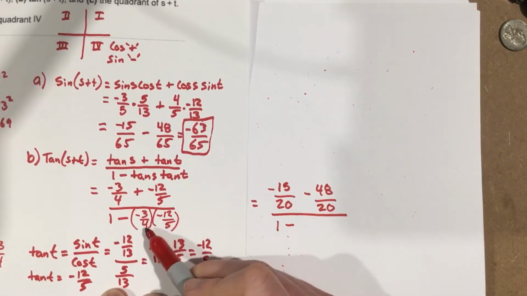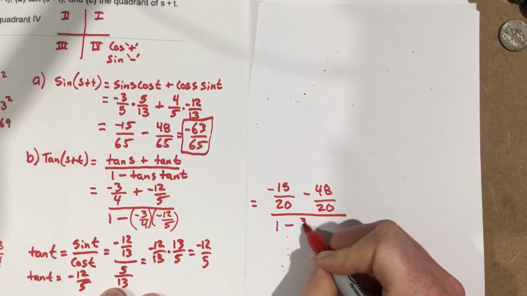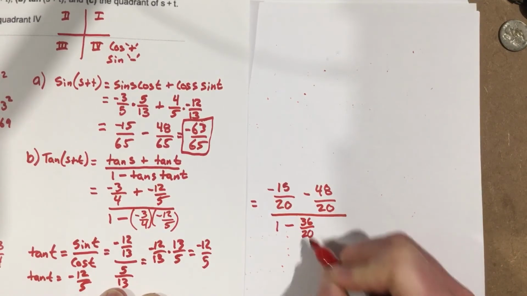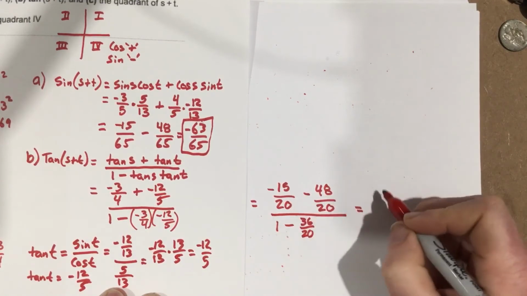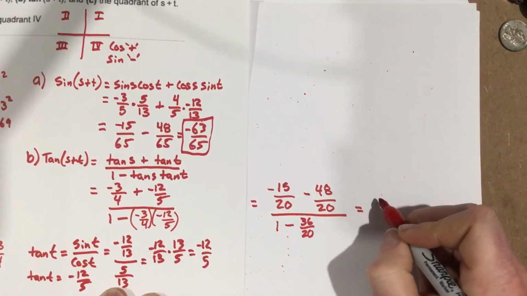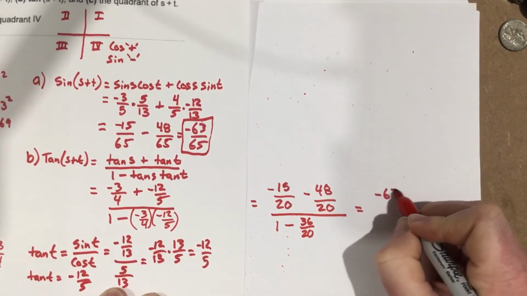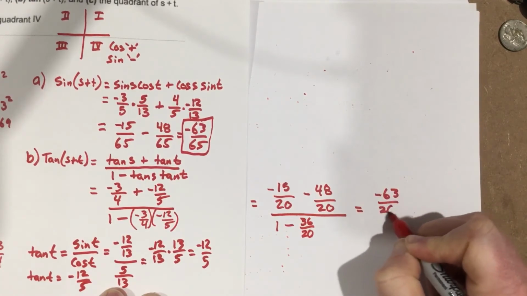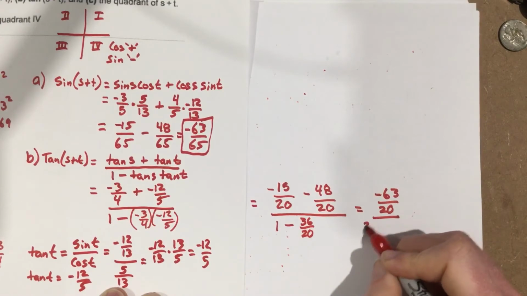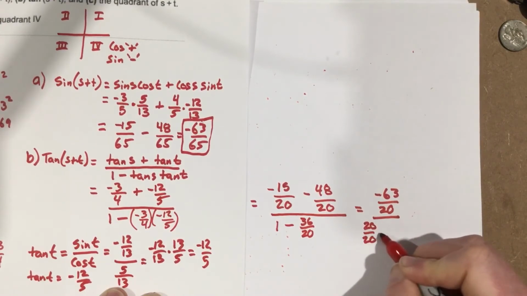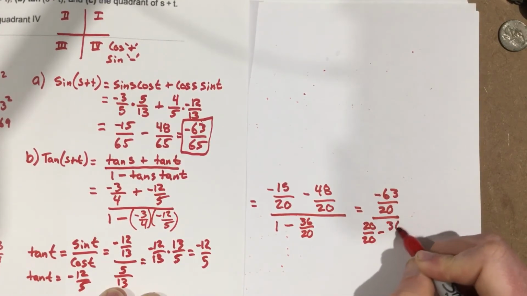And this would be 36 over 20. Okay, let's go ahead and subtract those, and we get negative 63 over 20 over, let's make this 20 over 20 minus 36 over 20.